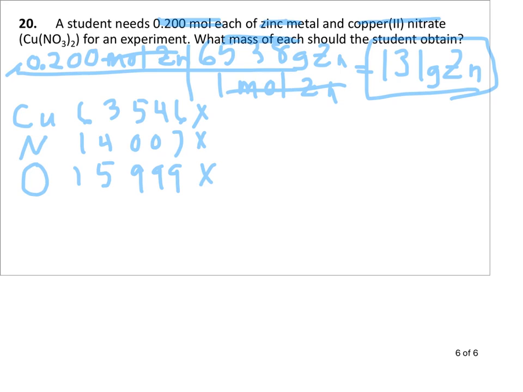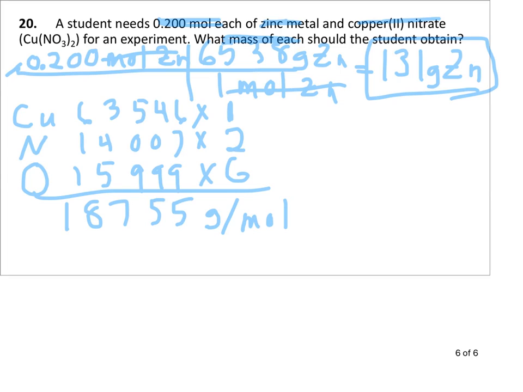Copper, there's 1. Nitrogen, 2, because I've got the parentheses with the 2. And oxygen, the 3 and the 2, multiply those together, we get 6. So 6 oxygens. Again, we'll just multiply and add, do it all in one routine on your calculator. And we should get 187.55 grams per mole for the copper nitrate.